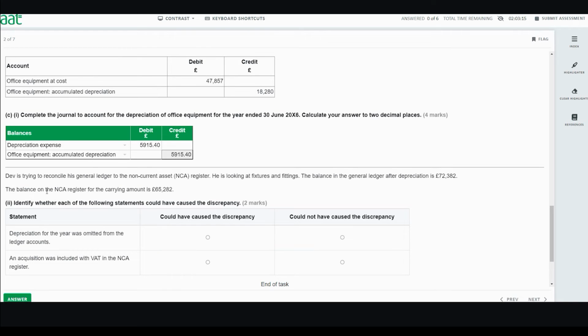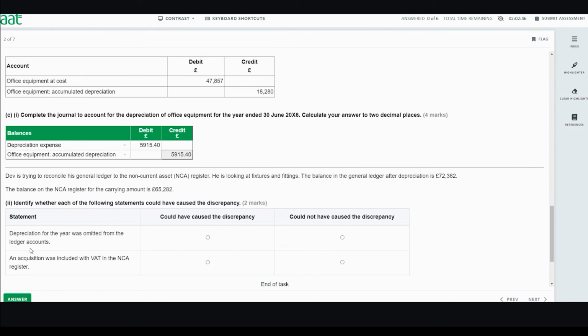The balance on the non-current asset register has a carrying value of 65,282. So it means that on his general ledger in the accounts, it's higher than what's actually on his asset register. Okay. The statements are: depreciation for the year was omitted from the ledger accounts. Okay. So these are the ledger accounts, the general ledger.